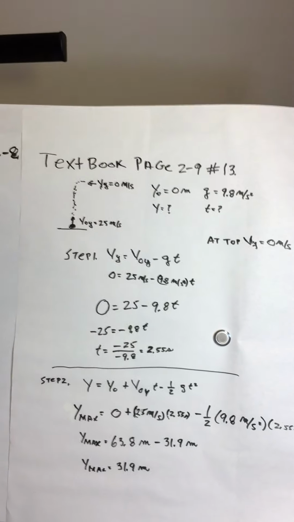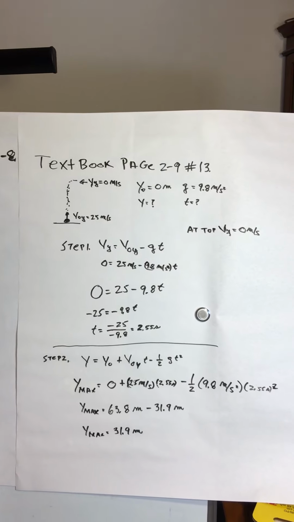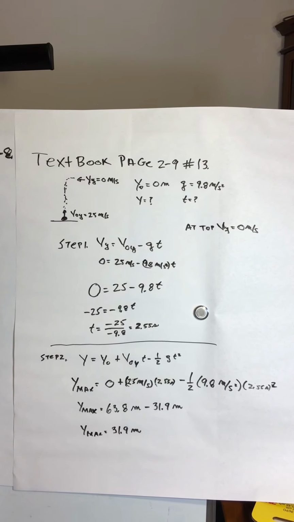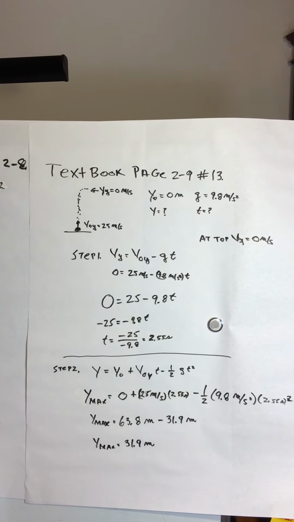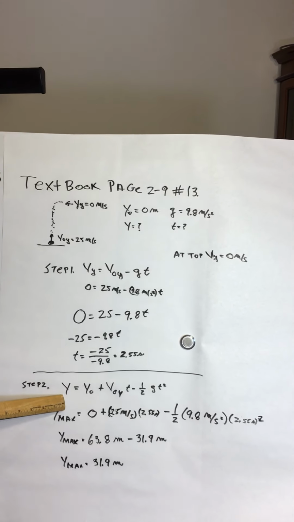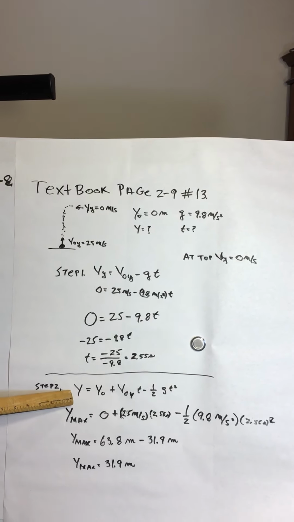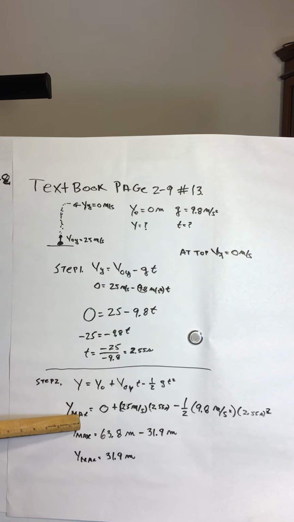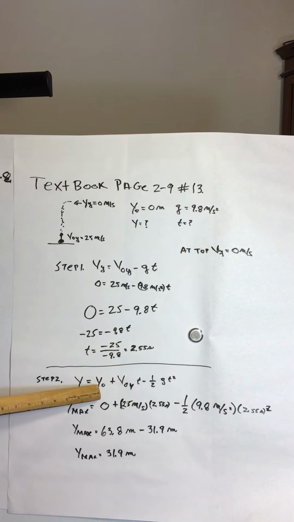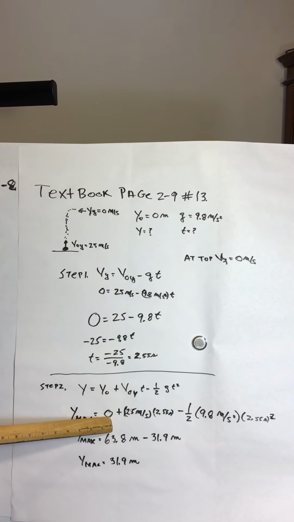Now if you want to figure out the height, and I don't think it asks for that in this problem though, but if you do want to figure out the height, what you would do is use this equation. Again, very similar to the one we had at the beginning of chapter 2. We're looking for the maximum height. It starts out at 0.